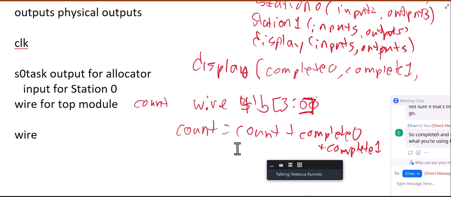So at each positive edge clock, my count equals whatever it was before plus complete 0 plus complete 1. That way, if these completed a task, it'll add 1 to it. Then I had a case statement based on count. The case statement would pick one of my LEDs and display it. So that's how I think I did it.